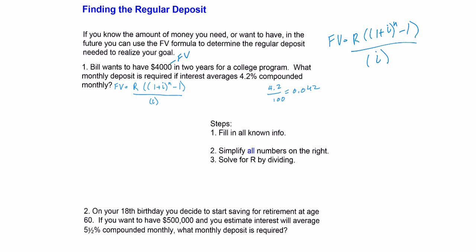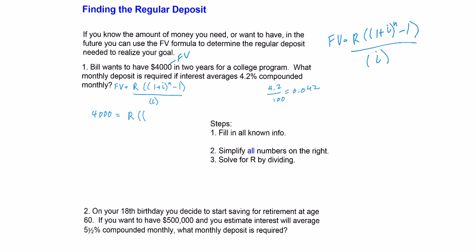Now we're going to do our substitution. FV is 4,000. There's no R value, so we're just going to leave the R value as big R. We're going to put our substitutions in.